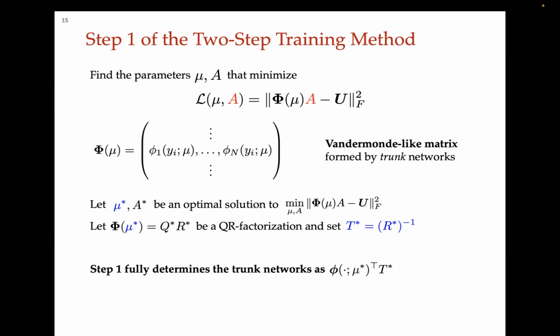Also, did you try it for any time-dependent system? That's a great question. I'd love to try. I haven't tried yet, because in that case the input space for the trunk net will change, since time will come in. So I don't know how the analysis will hold for that kind of system.